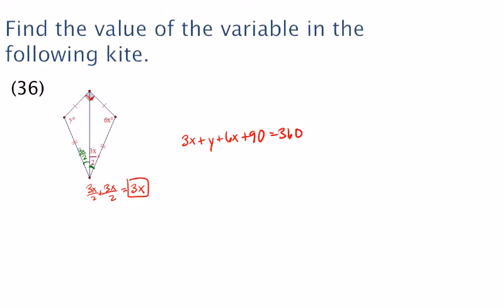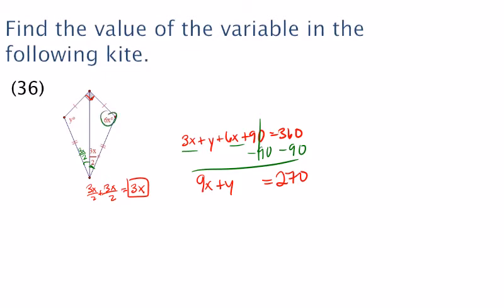And so we can combine like terms, which are the x's. And while I'm at it, I'll just subtract 90 from both sides. So I'll get 3x plus 6x is 9x plus y equals 270. Okay, so I have an equation with two variables, so I need another equation.